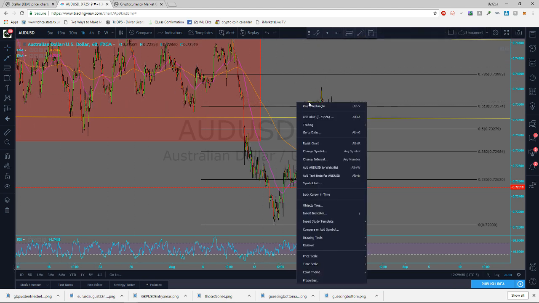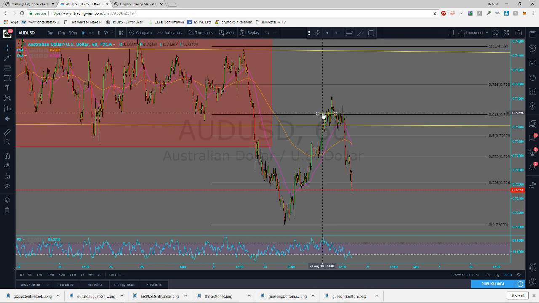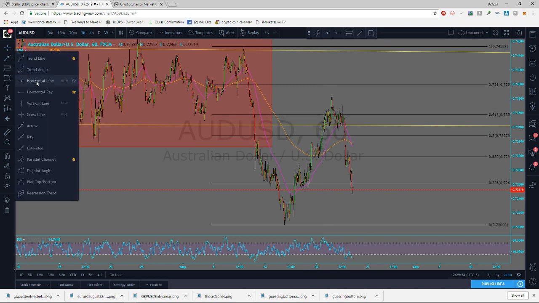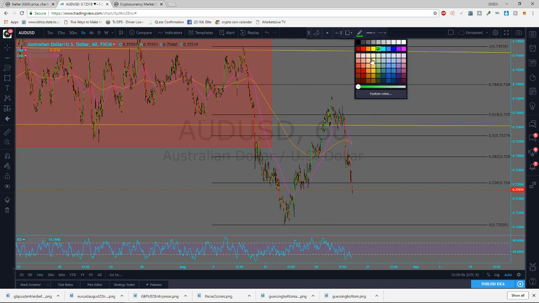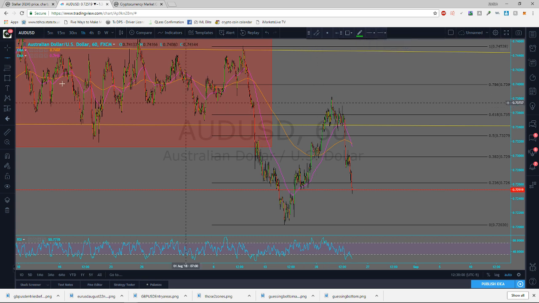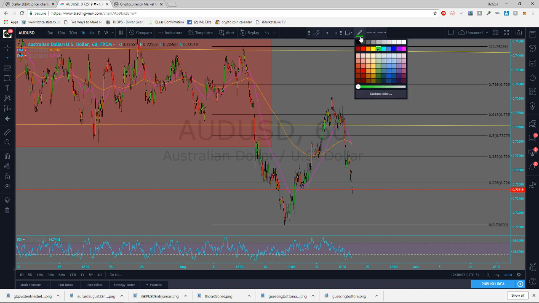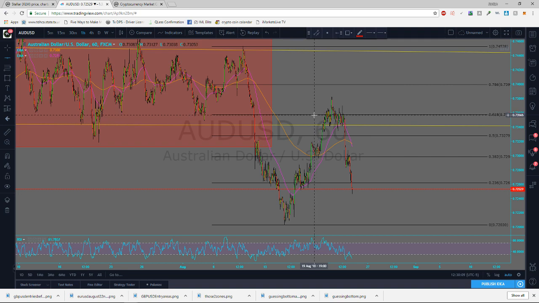I'll make them easier to identify. Since we're looking for sells, we'll do red. So here's your 61.8.